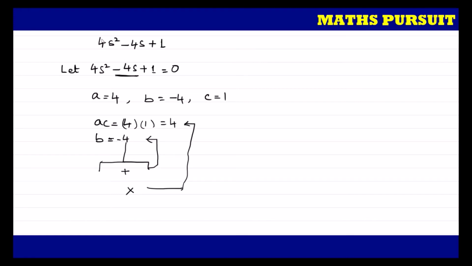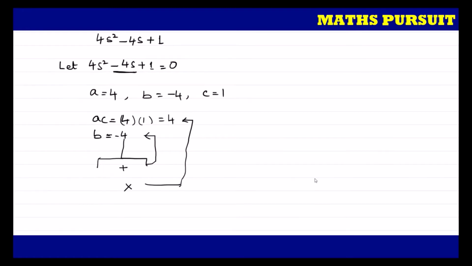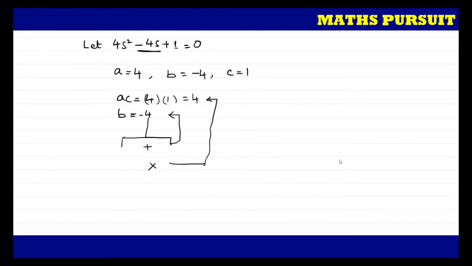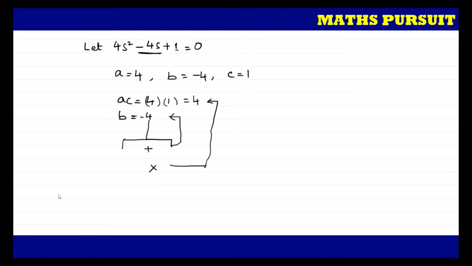Now here it is -4s. So let's see. Instead of -4s, if I consider -2 here and -2 here, then -2 plus -2 is -4, and if I multiply -2 into -2, I will get plus 4.